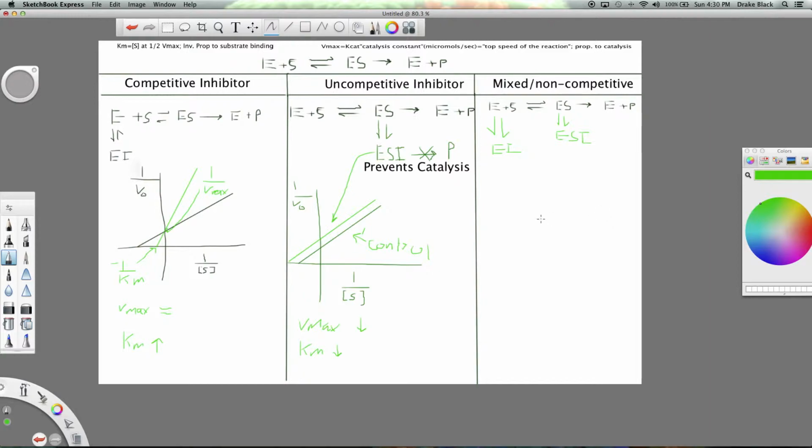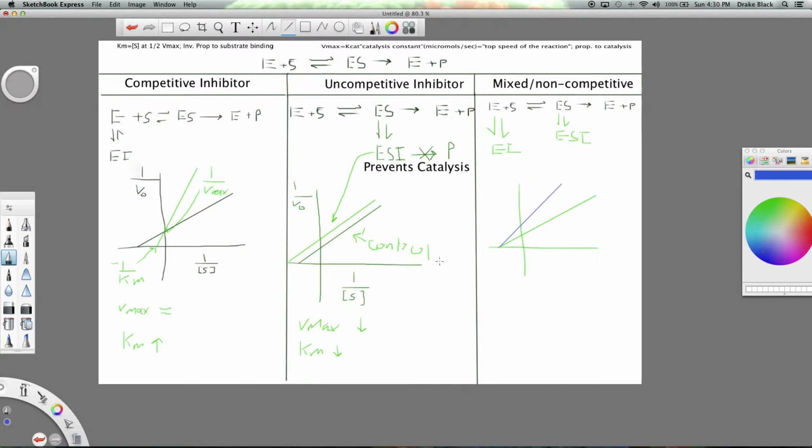So what happens with this Lineweaver-Burk graph? So here's V naught. Here's 1 over the substrate concentration. If we're going to have the control be right here, let's say, then our inhibited one is going to look like this.